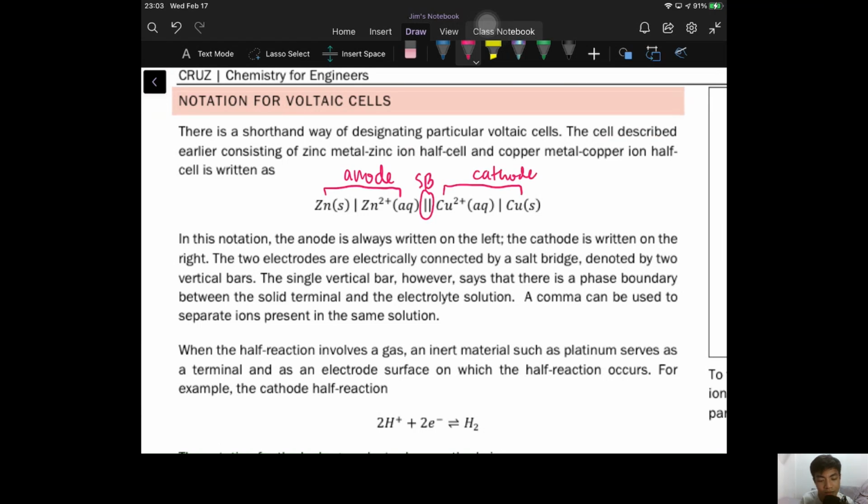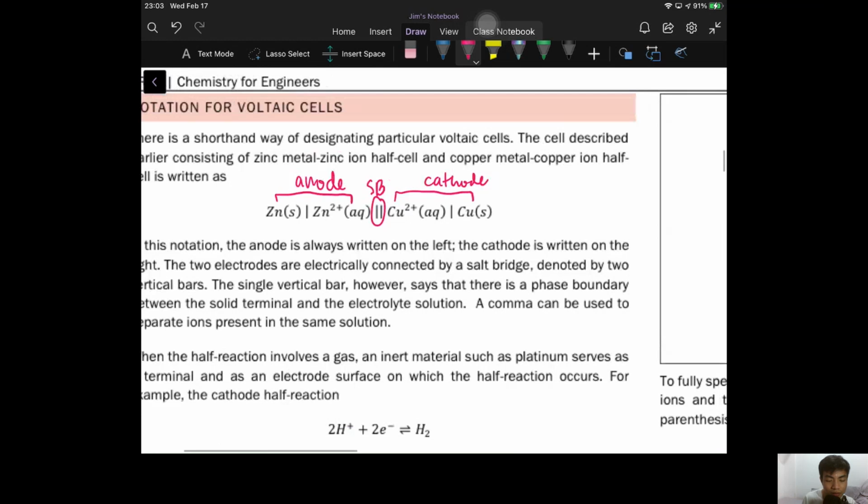From this cell notation, you can actually convert your cell notation into equations. Paano yan? For this particular example, if you want to convert your cell notation into an equation, lagyan mo ng dalawang arrow.